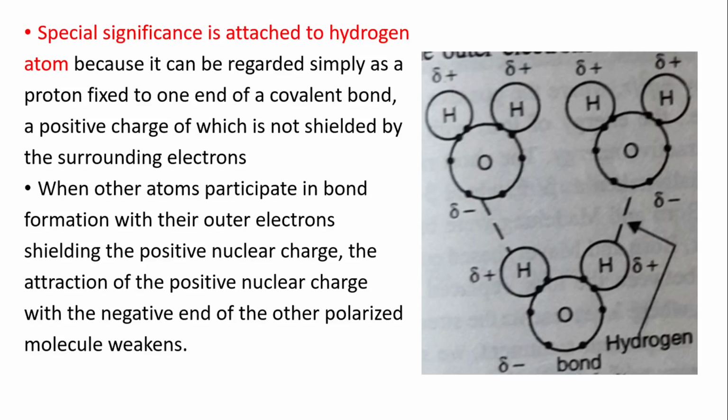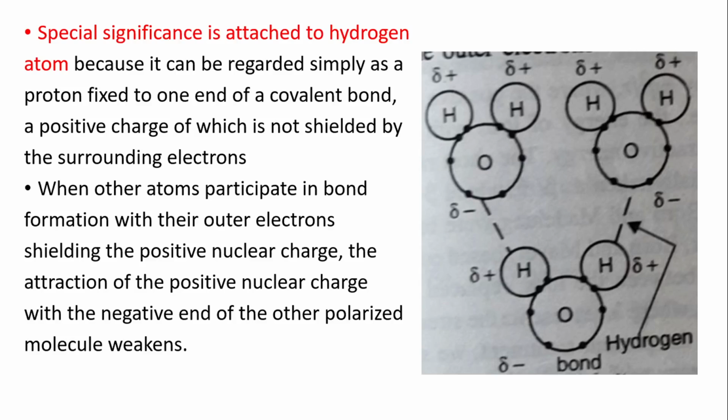So the hydrogen atom has an important role in formation of the bond, and hence it is called hydrogen bond. Now let us, for example, consider that it is not a hydrogen atom but another atom in the periodic table that participates in the formation of the bond with outer electrons. Then what happens?